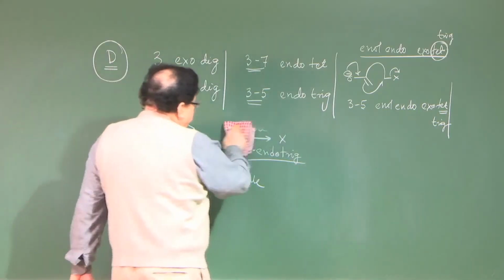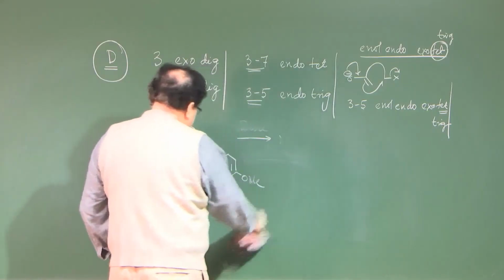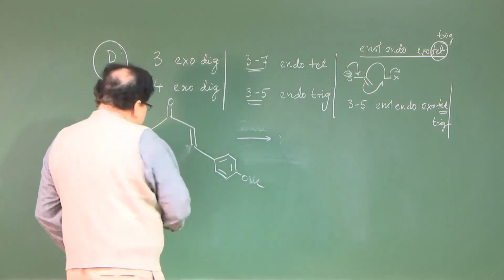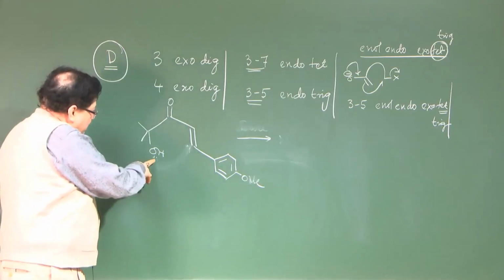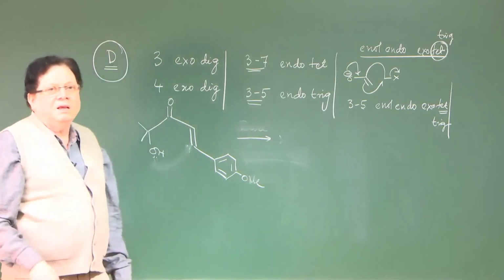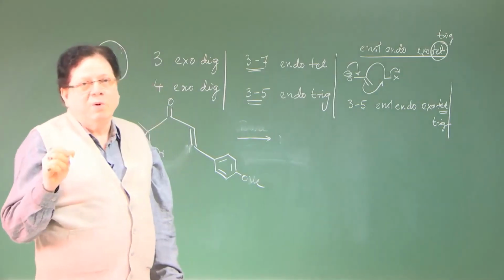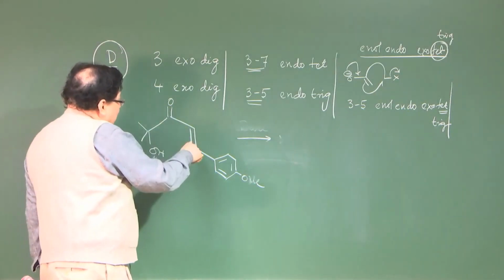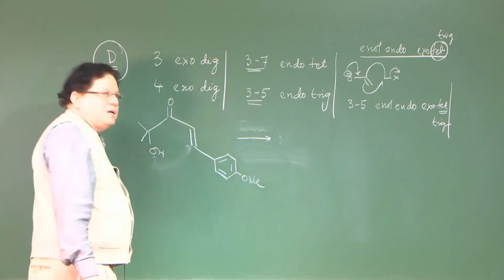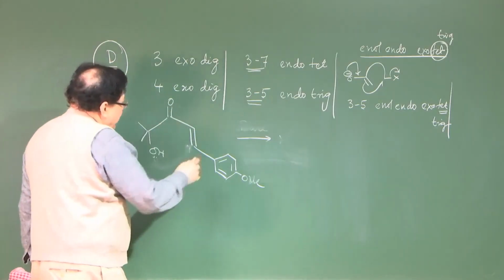However, if you want to attempt this cyclization, you can do it in 2 different ways. Either increase the nucleophilicity of the attacking nucleophile, that is the OH, so you make O minus, that is one way. The other way is to increase the electrophilicity of the double bond, which you can do by adding acid.